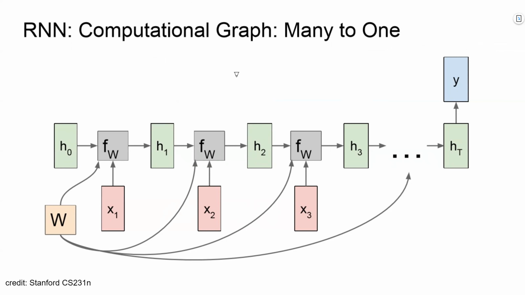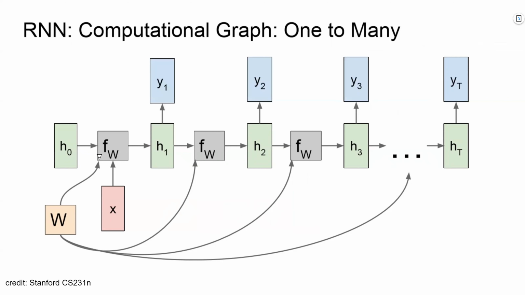In the many-to-one case, we have just one loss. And this loss flows all the way back to H1. And there is, of course, the one-to-many case. In this case, what do we need to inject into our recurrent neural network?